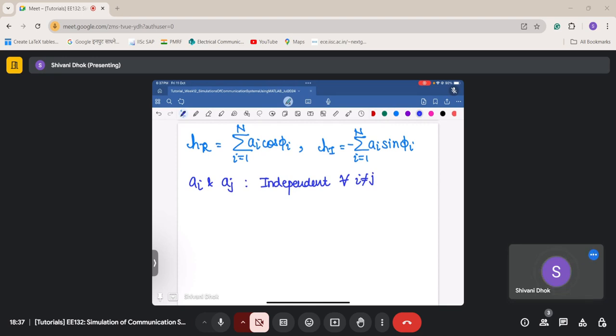Then we have phi i and phi j independent for all i not equal to j, and phi i is distributed uniformly in 0 to 2 pi or minus pi to pi.